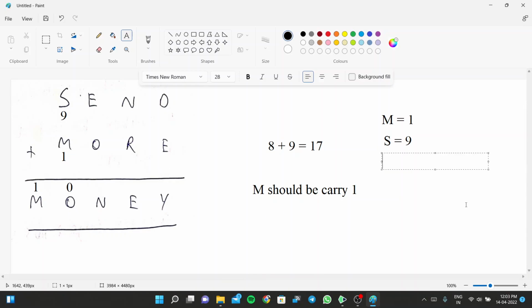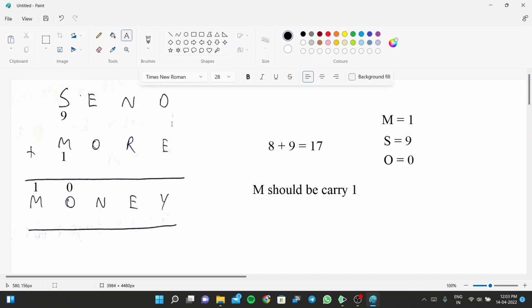So M is 1, S is 9, O is 0. This is a basic step with which we can generate the solution.